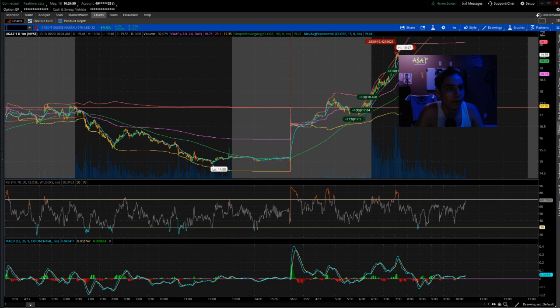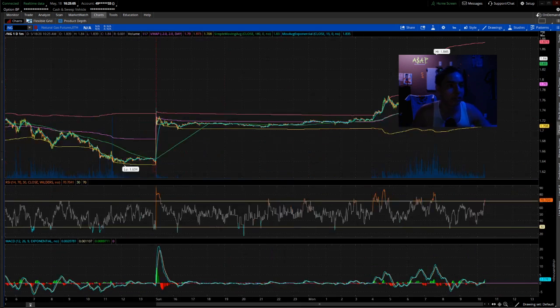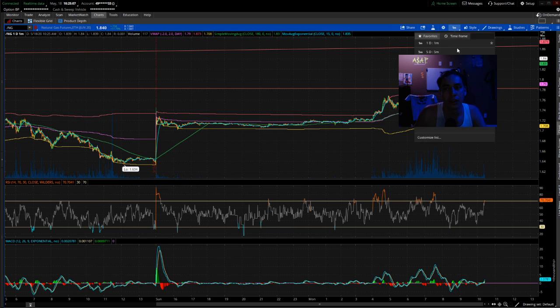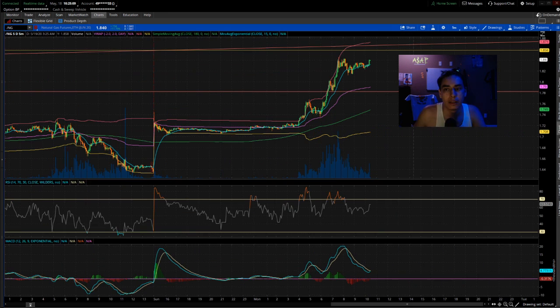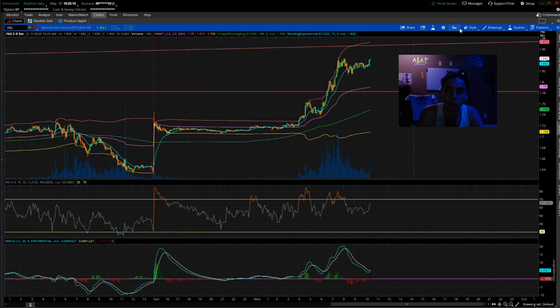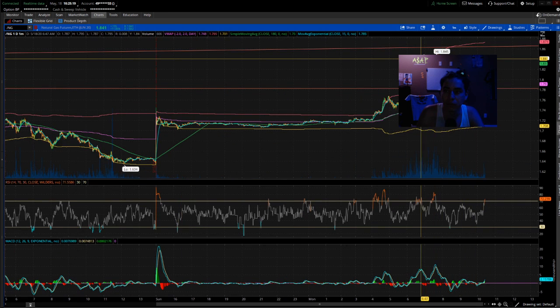This is for oil. This is for natural gas, because it follows the natural gas future. There's futures too, so there's different markets that people can take advantage of, or that people use.